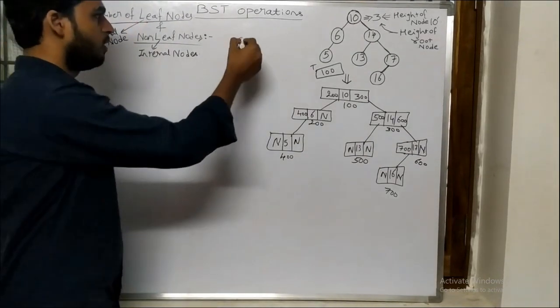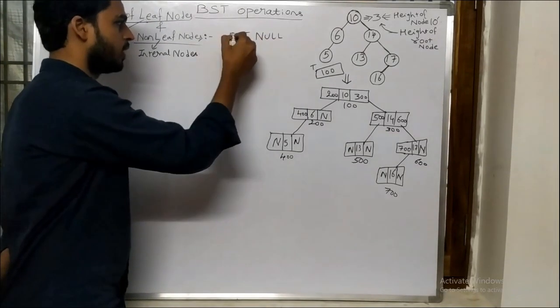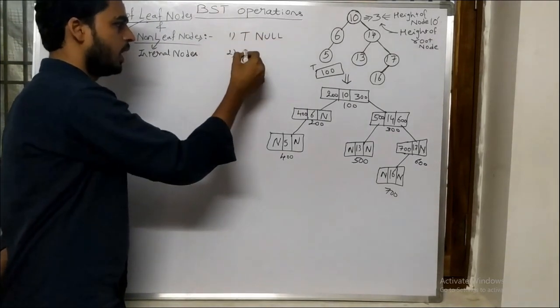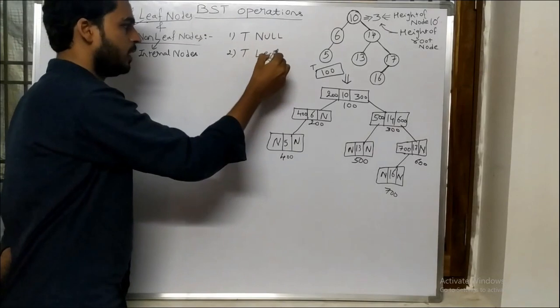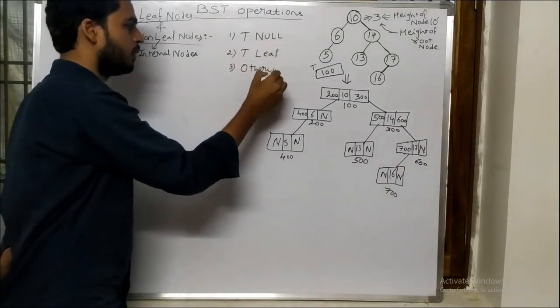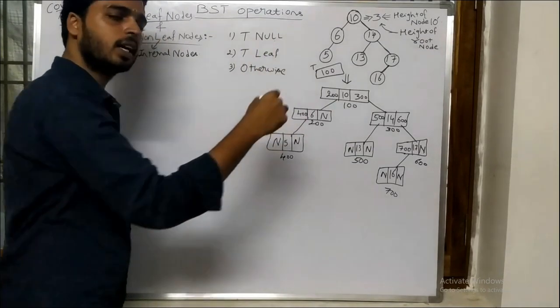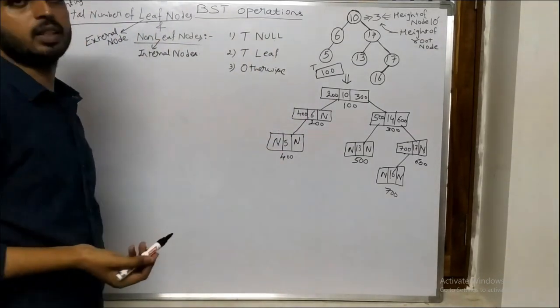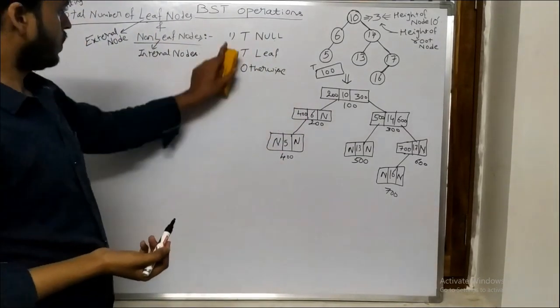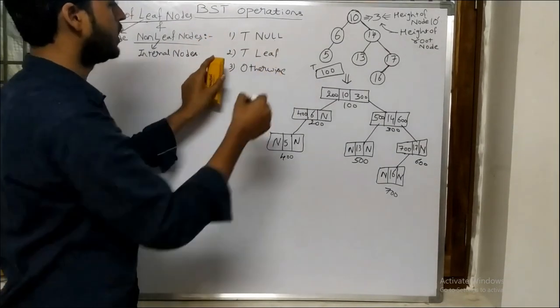One is when there is no node, another is when there is a leaf node, and the other case is otherwise, meaning it is not a null node and not a leaf node. The remaining cases all come under the otherwise case. So you have to think from these three perspectives.